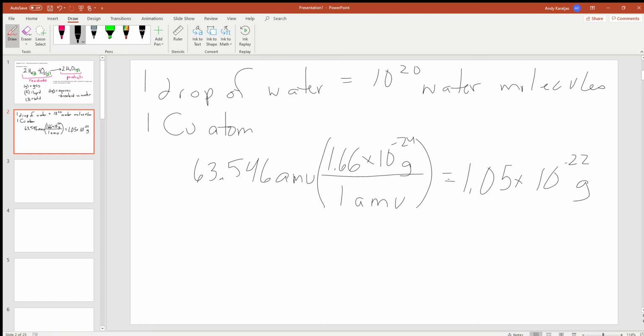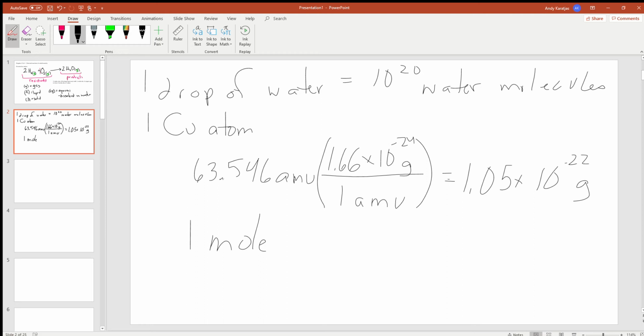So it doesn't really make a lot of sense to talk about these things in terms of atoms or molecules because the quantities are so small. Or we would have to talk about such a large number of atoms that it's really not something that makes sense to us. So what we use instead is this concept of a mole.